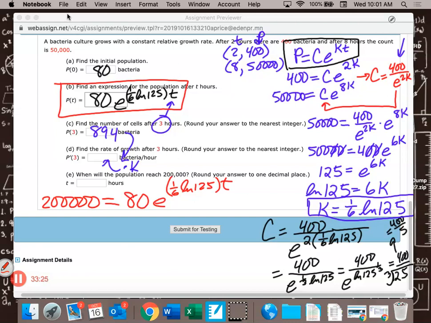In order to solve this, what would I have to do first? Divide by 80. So I get 2,500.